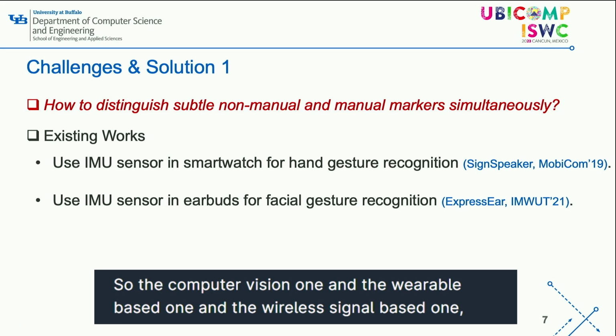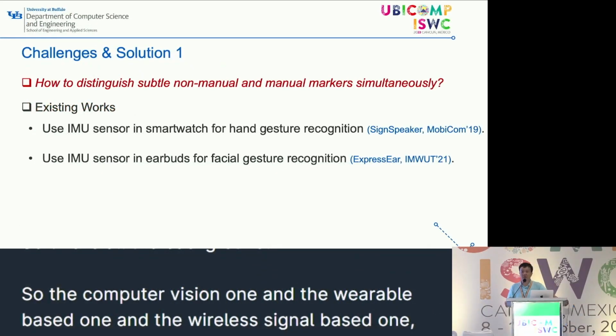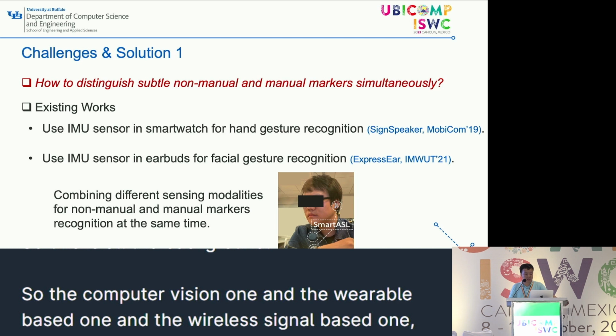So we try to find a solution from the previous great research work in the literature. There are some studies that used the IMU sensor in a smartwatch for hand gesture recognition, like SignSpeaker in UbiComp, and also someone tried to use the IMU sensor in earbuds for facial gesture recognition. So what we want is to combine the different sensing modalities for non-manual and manual marker recognition at the same time.